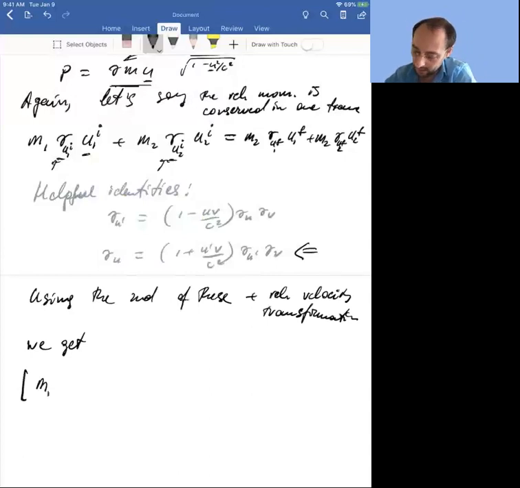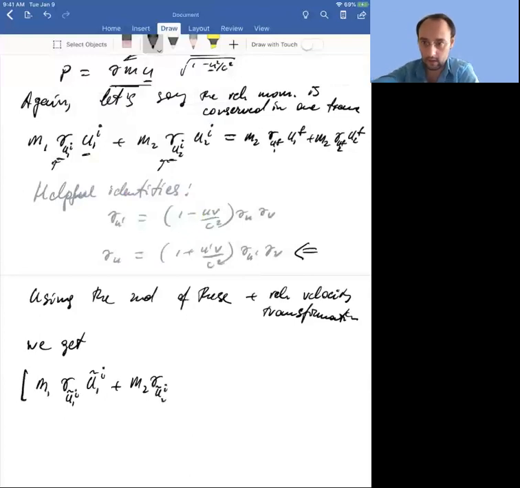M1 gamma(U1 tilde initial) times U1 tilde initial plus M2 gamma(U2 tilde initial) times U2 tilde initial.